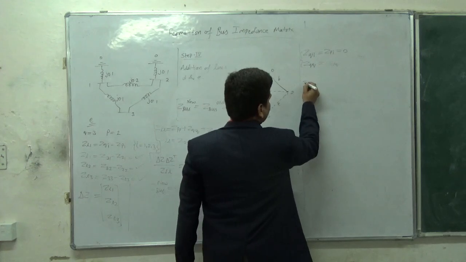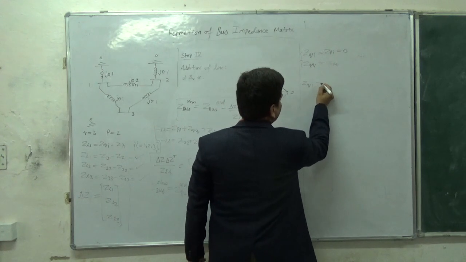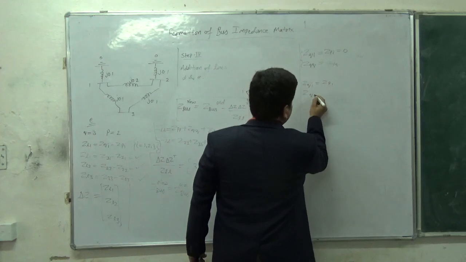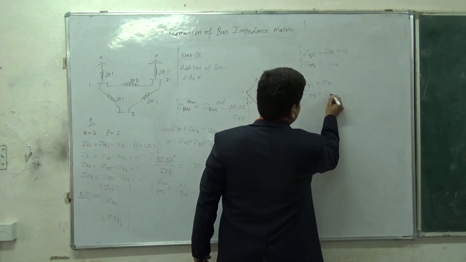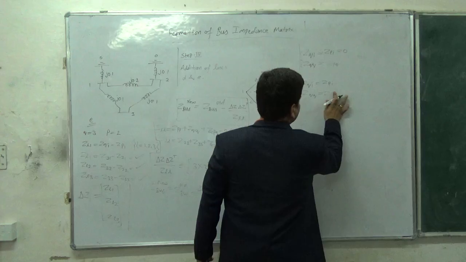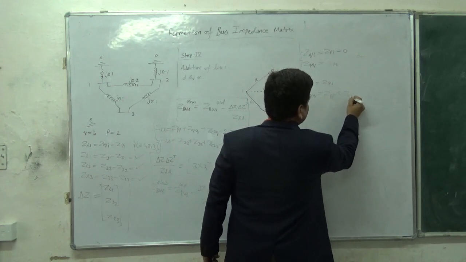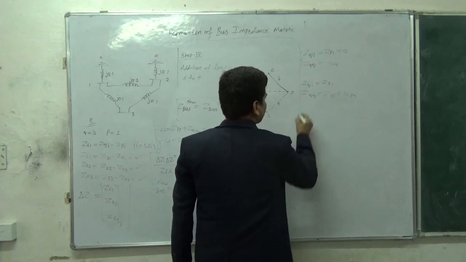Now for the branches which are not connected to reference node, ZQI is equal to ZPI and ZQQ is equal to ZPP plus small zPQ.